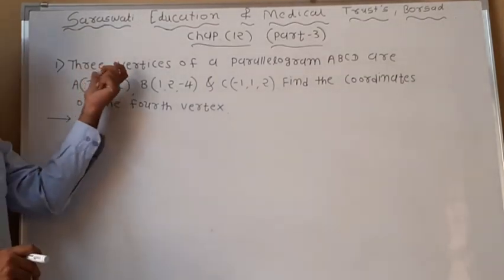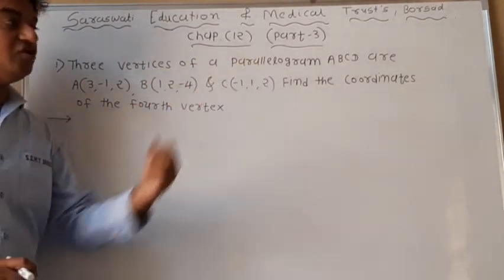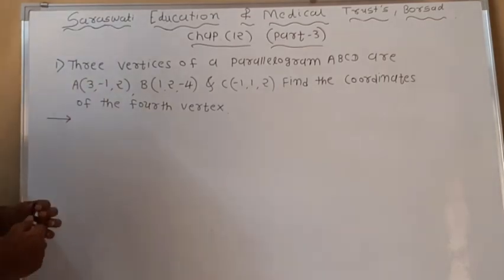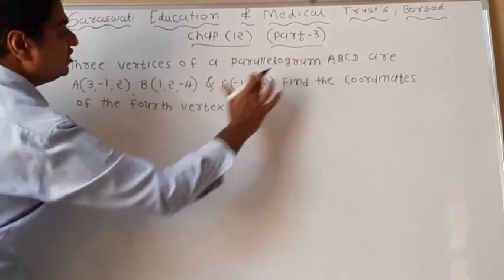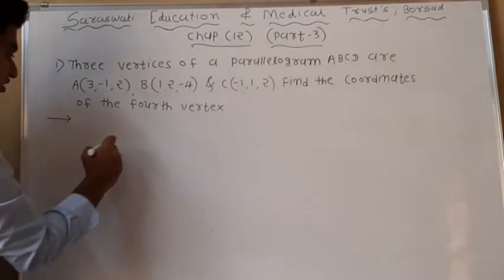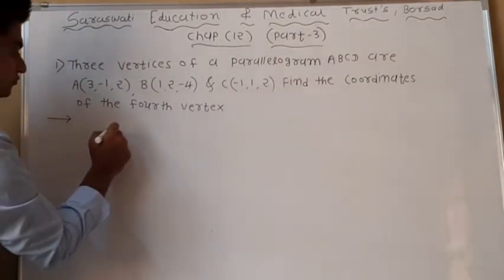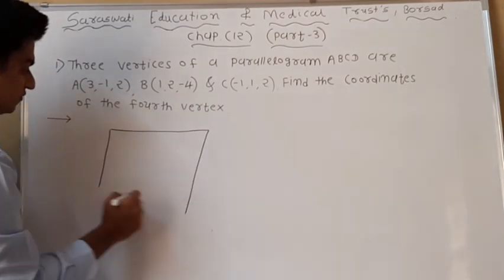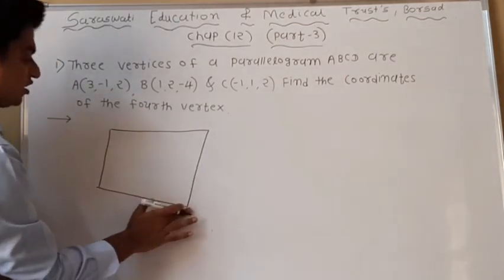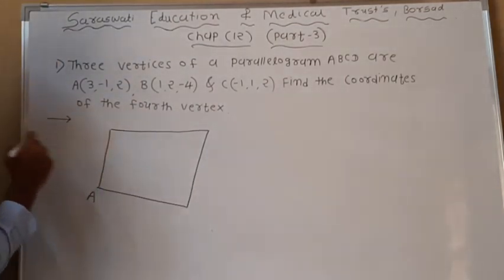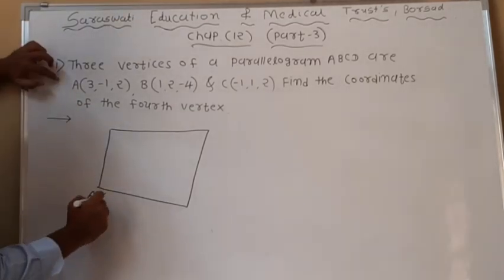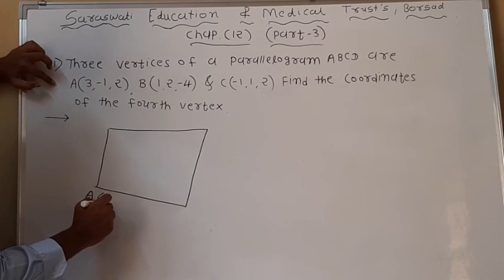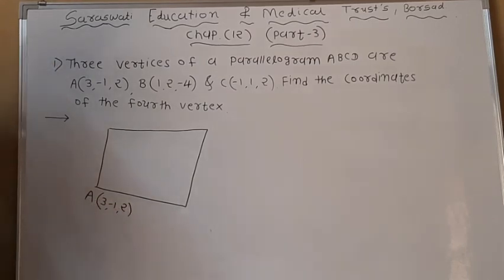Our question is: three vertices of a parallelogram ABCD are given. So first of all, since a parallelogram is given, first draw the parallelogram. Now we can consider the coordinate of A as 3, minus 1, 2.